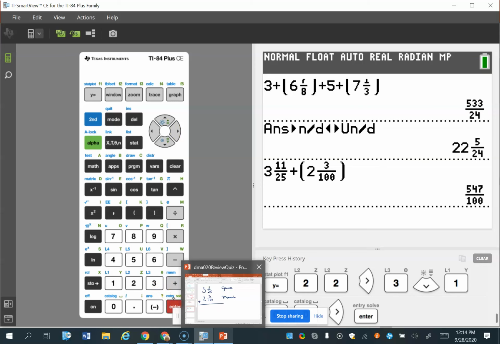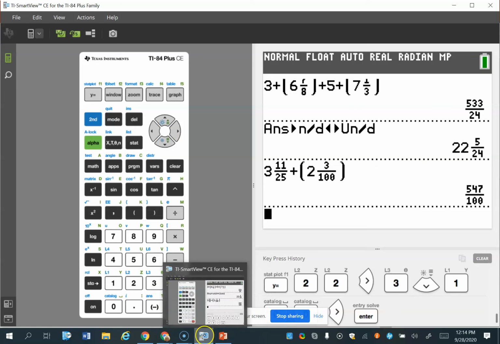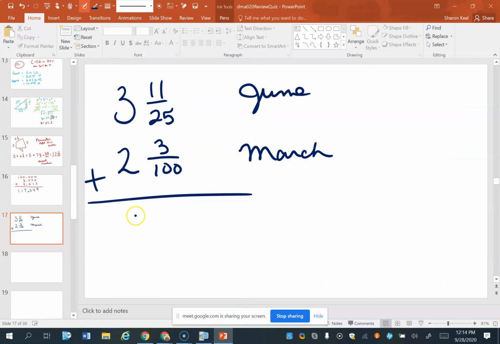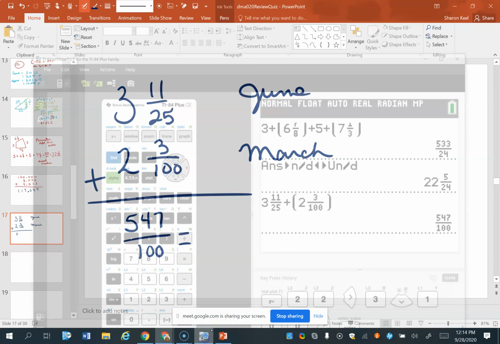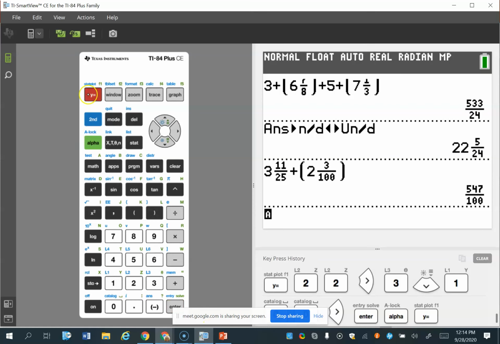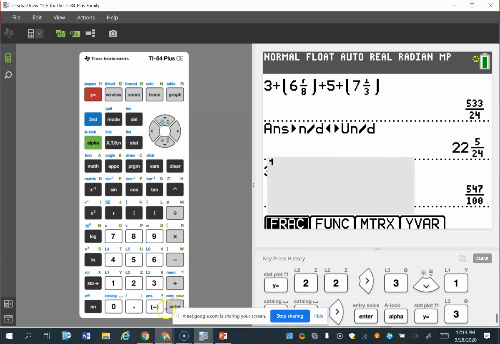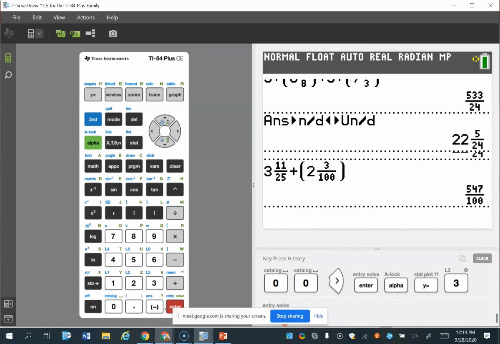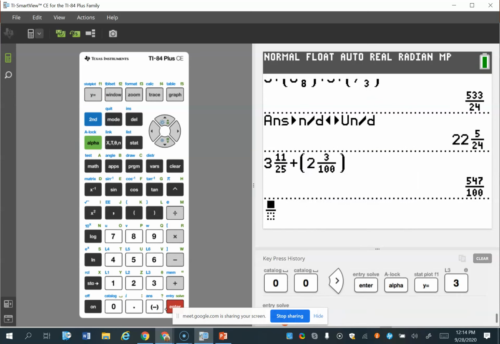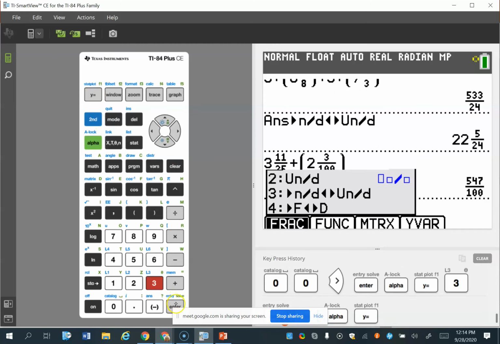And now we want to convert this back to a mixed number. So we had 547/100. And here, alpha y equals number 3. Press enter. Alpha y equals number 3.